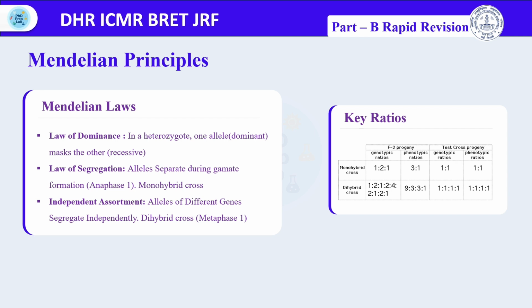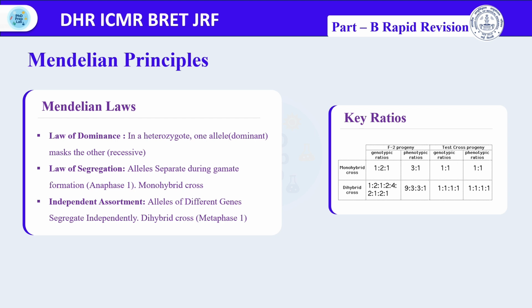These alleles, capital T and small t, separate during gamete formation, which occurs during anaphase 1. So your law of dominance and your law of segregation were based on the monohybrid cross. This you also have to remember, this could be asked.